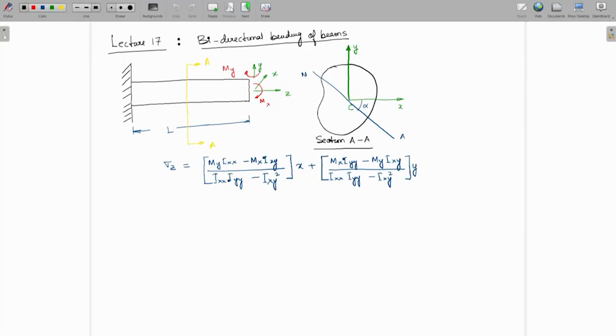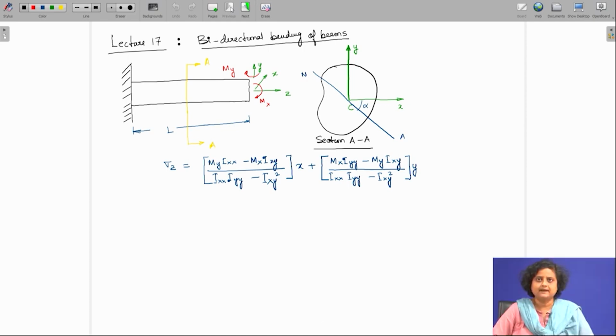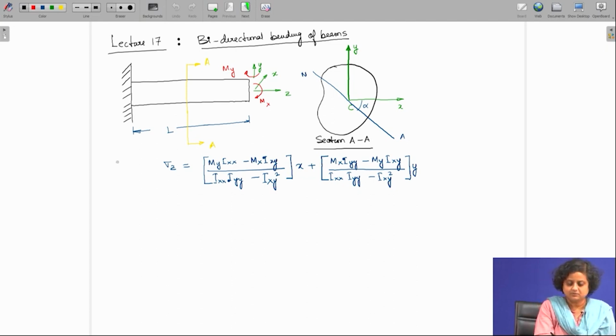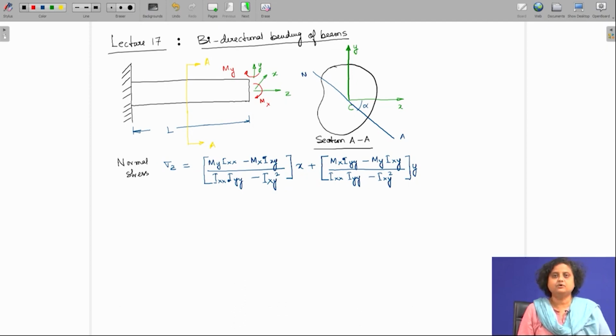In the last class we derived the expression of the normal stress in a beam which is experiencing bidirectional moments Mx and My, and we found the expression of the normal stress sigma z in terms of the applied moments Mx, My and the sectional properties and x and y.